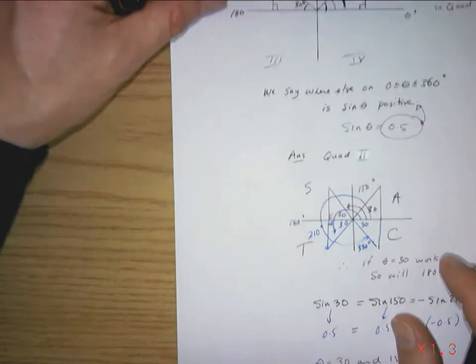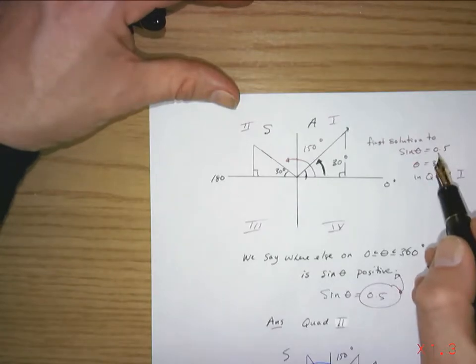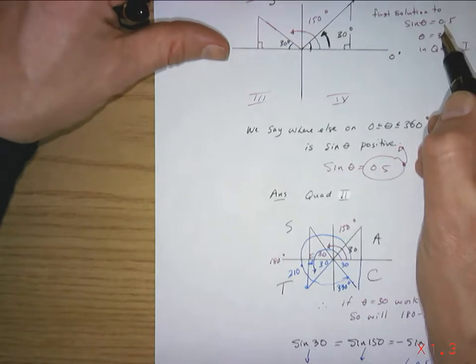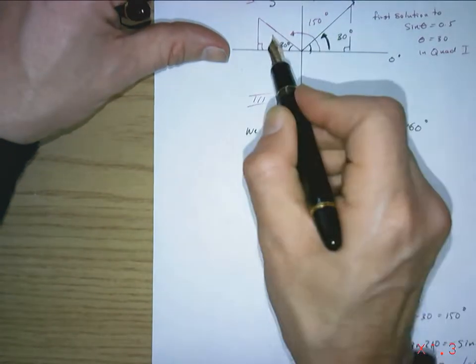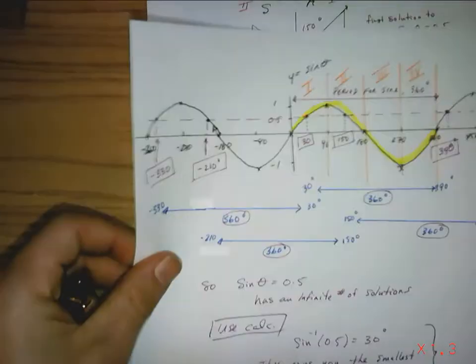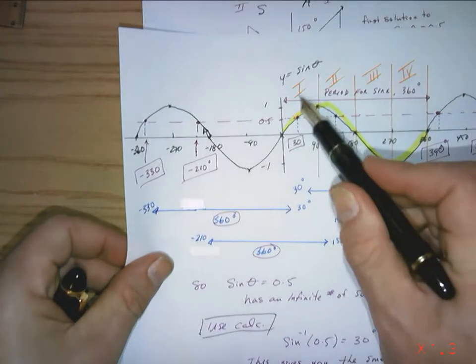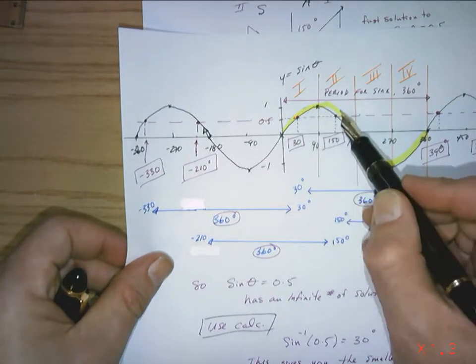And so what we say is that what we're looking for is an answer to sine of 0.5, so we want to know where sine is going to be positive. Well, it's going to be positive in quadrant 1 and quadrant 2. We know that, looking back at our example, here's quadrant 1, here's quadrant 2, sine's going to be positive.